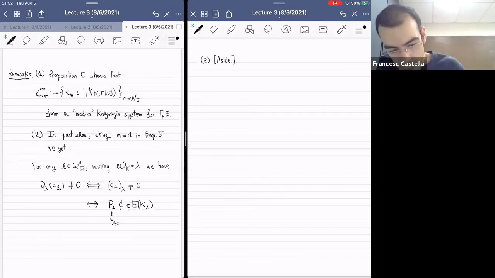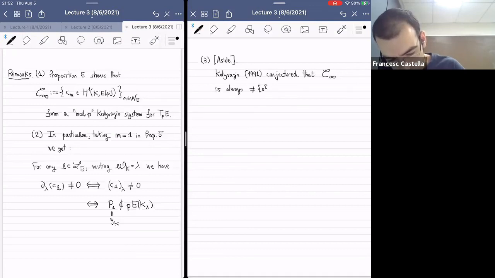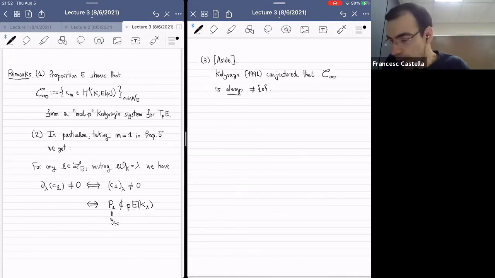So Kolyvagin in 1991 conjectured that this system is always non-zero. And much more recently, this was actually proven by Wei Zhang under some hypothesis.